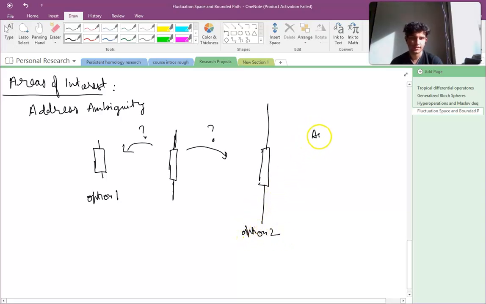So the answer is to take something in view. The reason is because if I make the act of going from here to here or from here to here, I lose the information that makes these two fundamentally different.